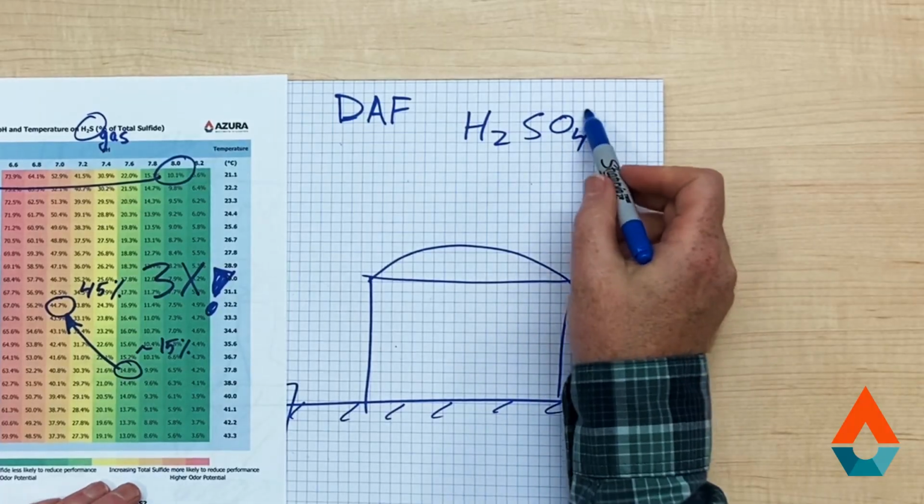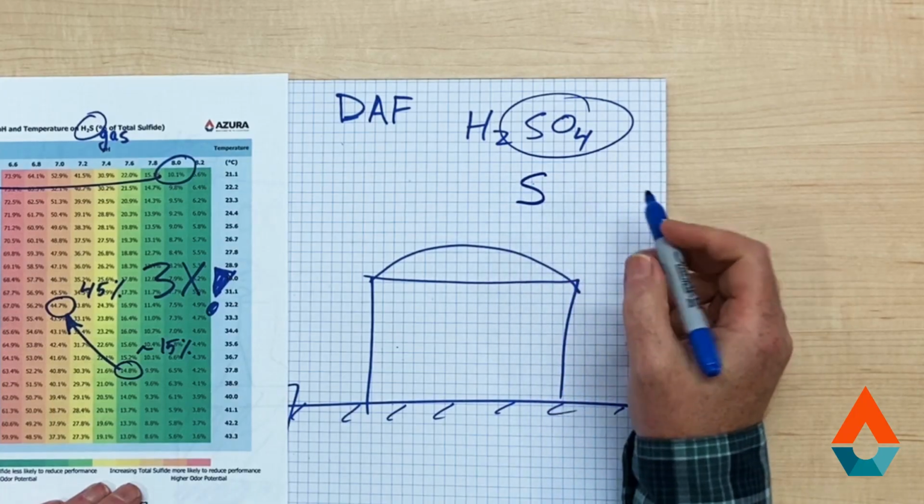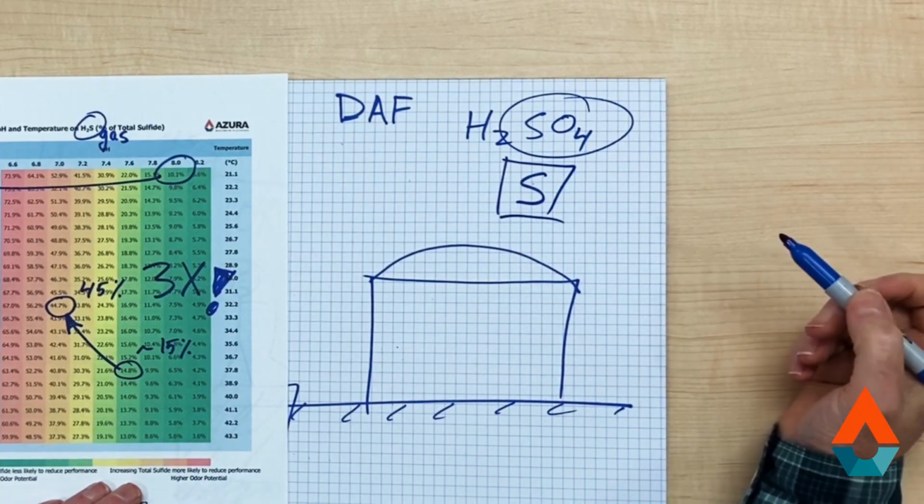The other thing that can happen is that, look here, it's full of sulfates, and in your digester, those sulfates will degrade and release a whole lot of sulfur.